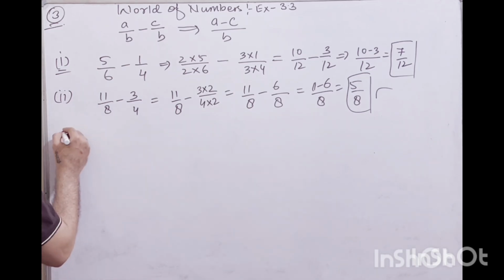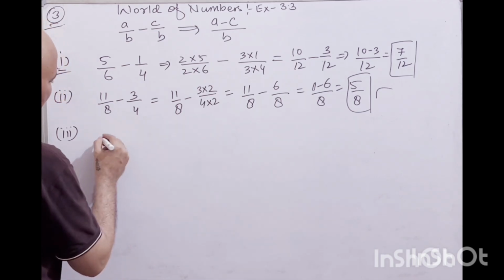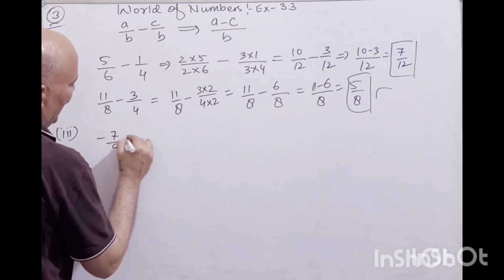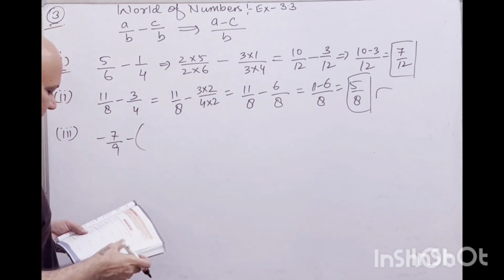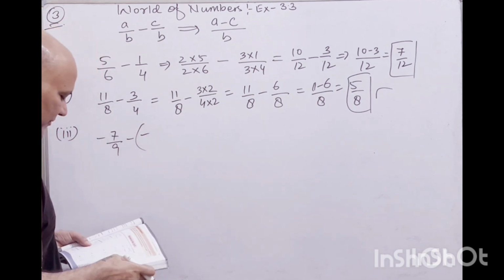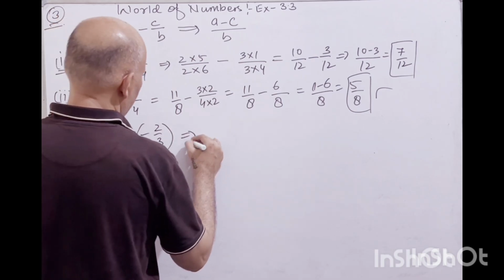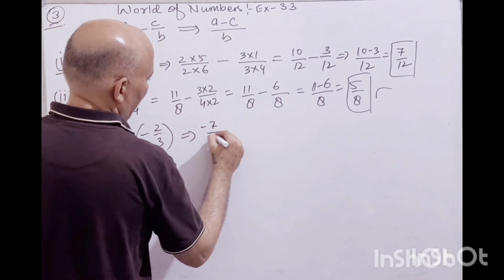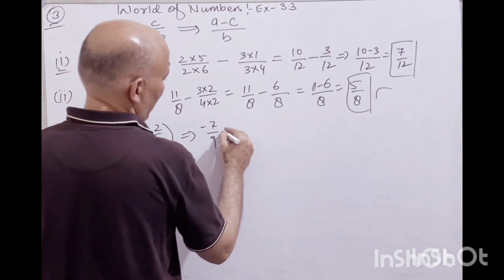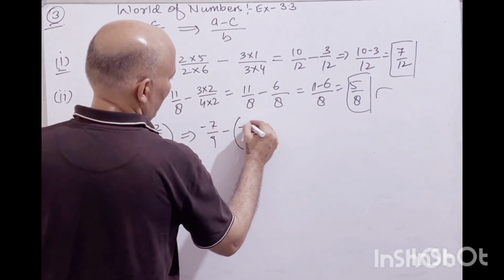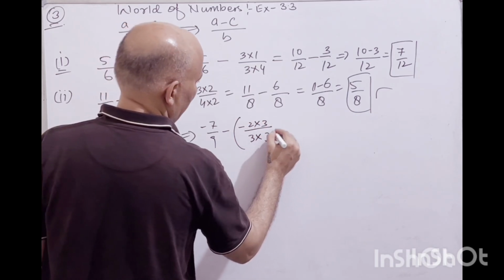Then comes the third one, minus 7 by 9 minus, again minus 2 by 3. 7 by 9 will remain like this, and 3 we have to make 9, so 2 multiplied by 3 and 3 multiplied by 3.